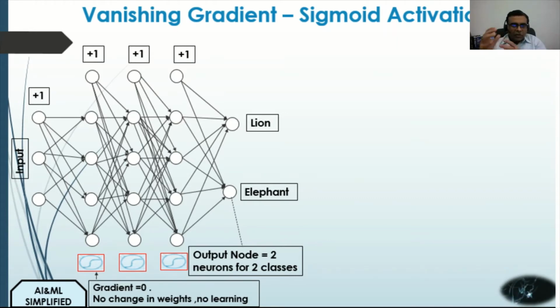The loss is basically the difference between the predicted output from the network and the actual output. So we look at the loss and we compute the differential of loss with respect to all these weights, and the value of this gradient becomes 0 as the layers become deep in the case of the sigmoid activation function.